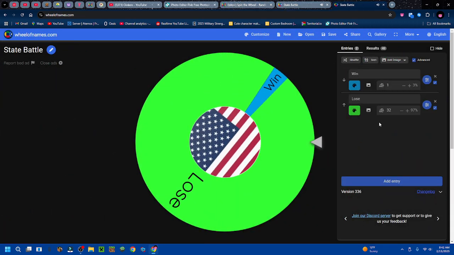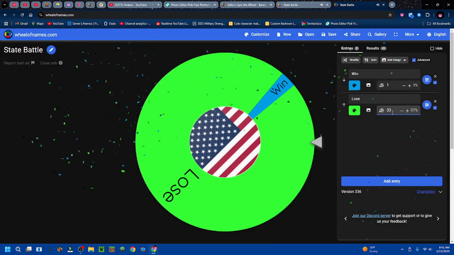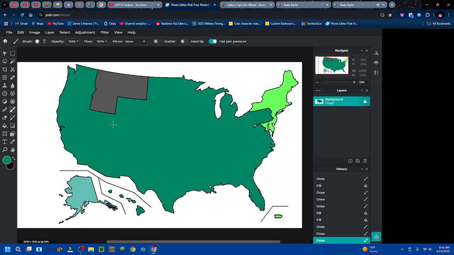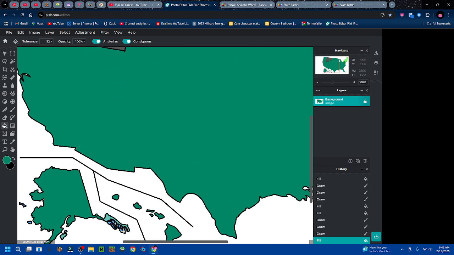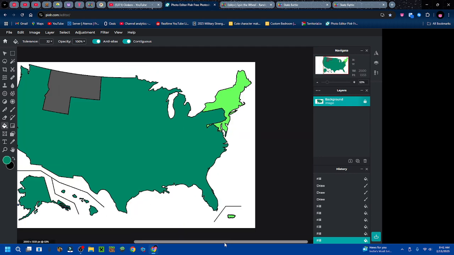They would lose anyway, but this is the real ratio, which is like a pixel different. Now Alaska is under Texan rule. I wonder who could possibly be winning right now. Color all those in. Bada bing, bada pow.